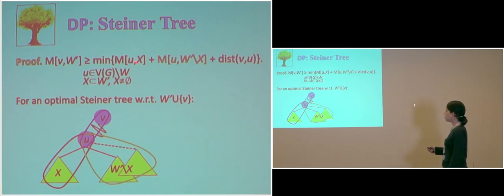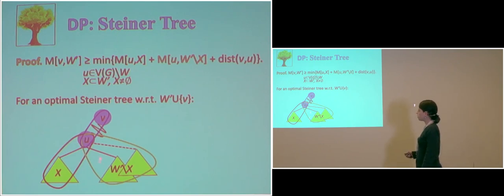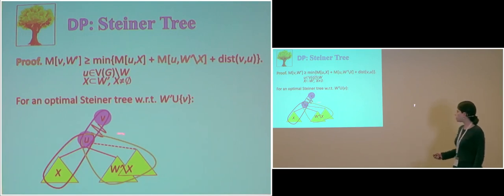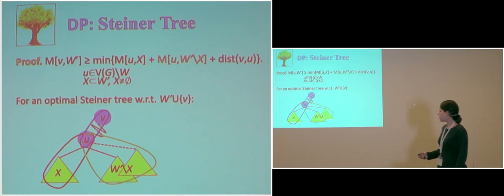Okay, so MUX is equal or even smaller than the number of edges we have in this part. Now what is MU W prime minus X? We are looking now at this subtree, and the number that we have here is equal or even smaller than the number of edges we got here.